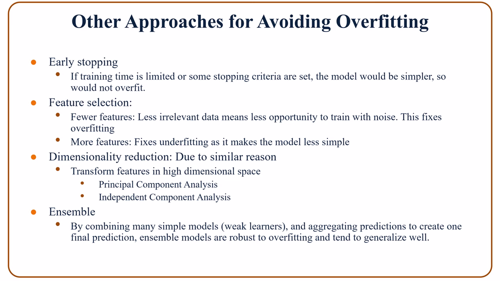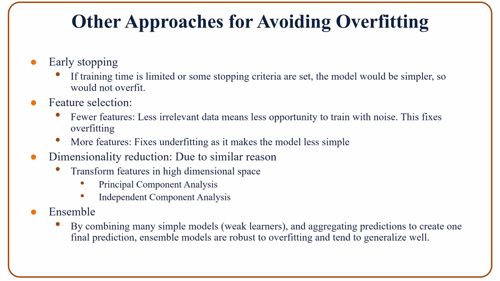For example, 90, 95, 98, or 99% of the total variance. Another approach is to use independent component analysis, which transforms the data set into another space in which dimensions are statistically independent, and then select a number of dimensions.